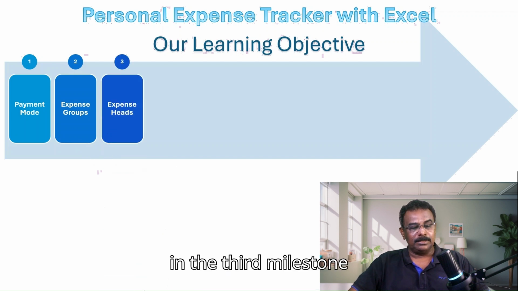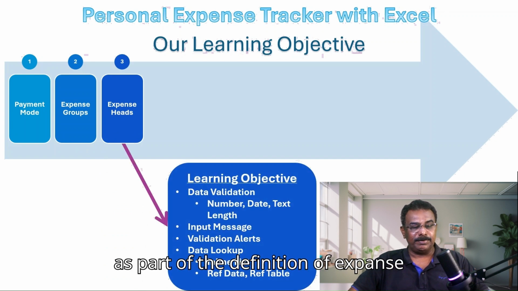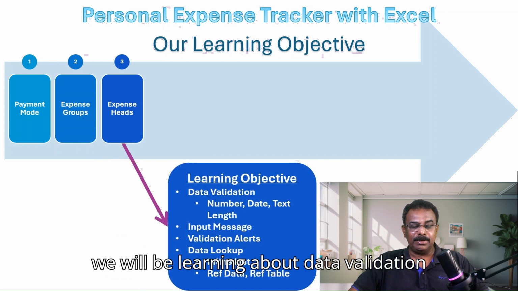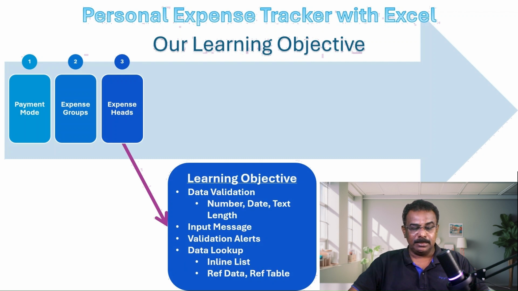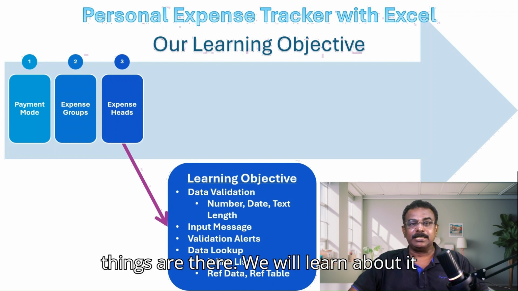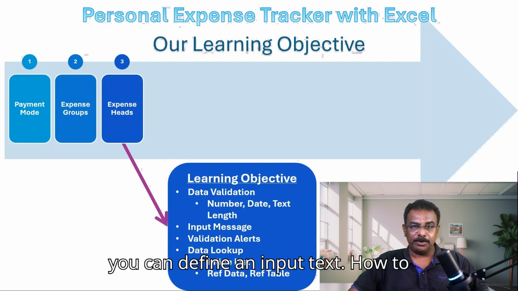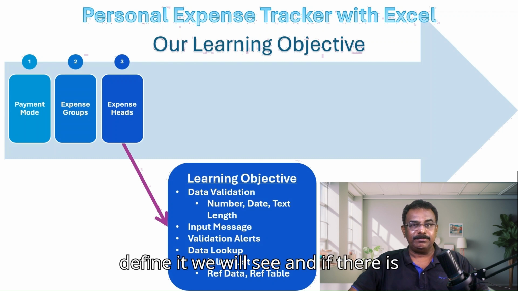Then in the third milestone, as part of the definition of expense heads, we will be learning about data validation and how to validate numbers, date, text length. Many things are there. We will learn about it. And as part of the data validation, you can define an input text. How to define it, we will see.